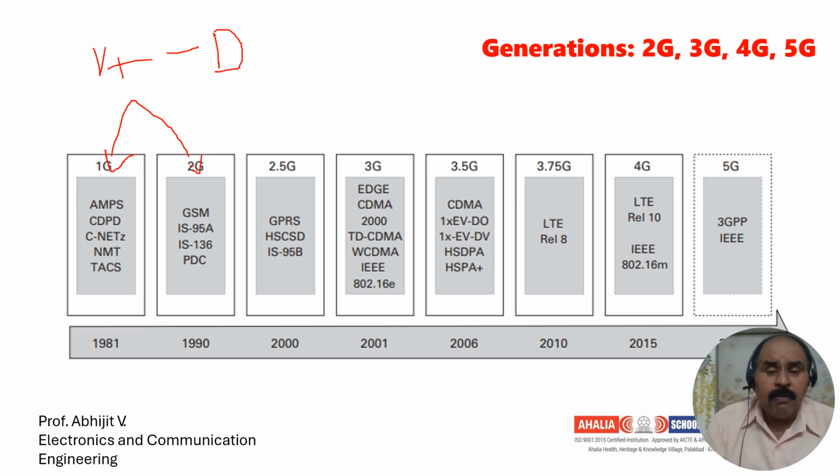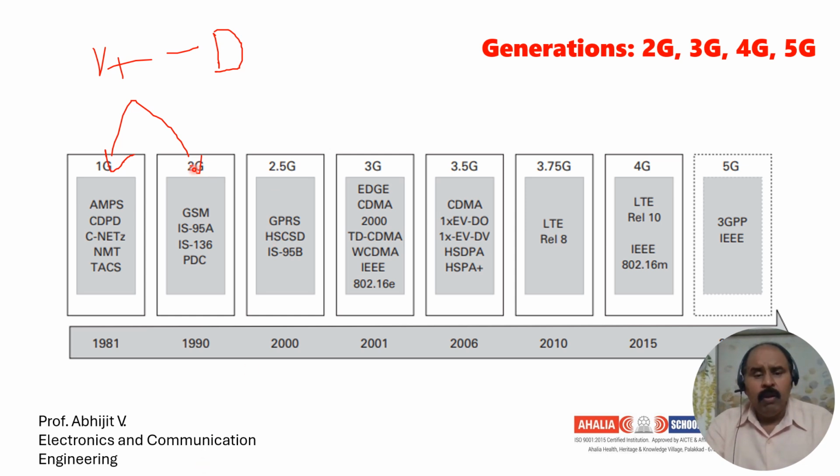And when the technology changed, it became more popular. The first generation, as I've told you already, was primarily concentrated on military applications and was used by the army. But when it came to 2G, it started becoming more and more popular. The common man started using mobile communications.